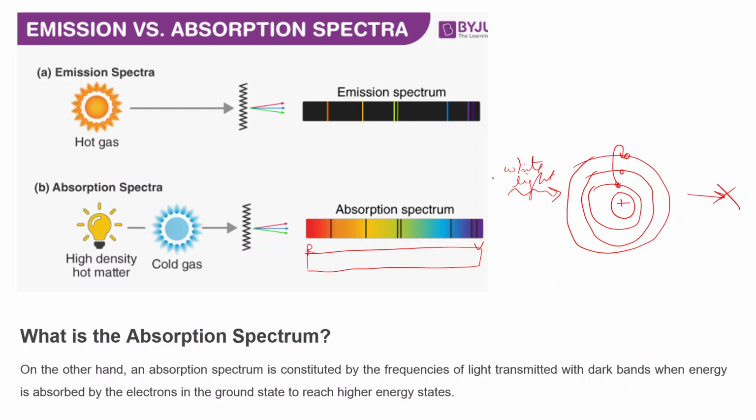And on the contrary, suppose I have some material where, due to some reason, we don't bother how the electrons have reached a high energy level. But when they are at a high energy level, that is an unstable state.